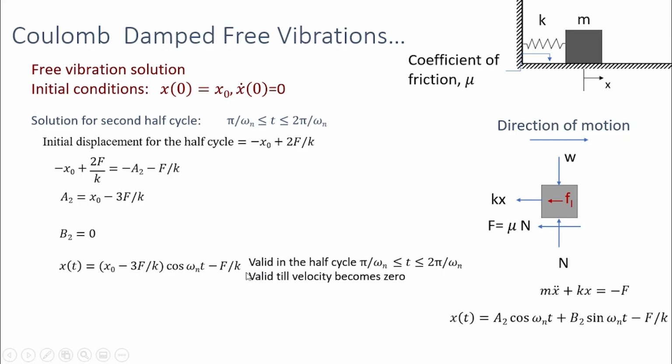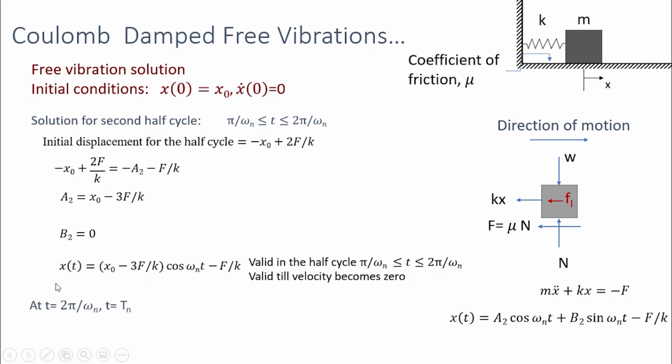And this is valid only in this half cycle, and this is valid only until the velocity becomes 0. So when the value of t is equal to 2 pi by omega n, that is when the second half cycle ends, at that point we will have the velocity equal to 0.